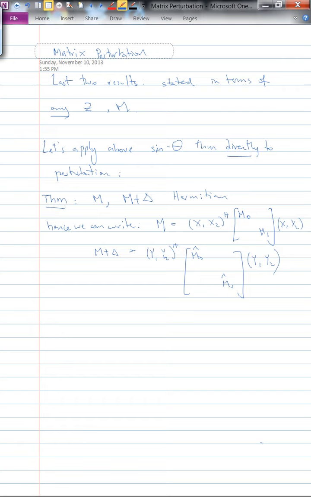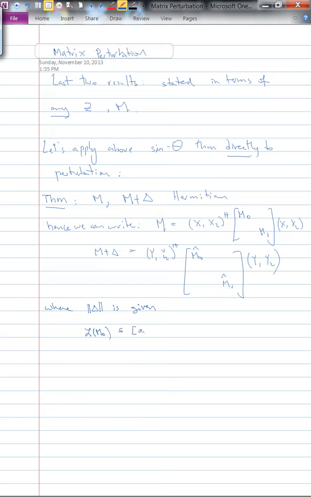Where we have that just the magnitude of delta is given, and where we have a condition on the spectrum of M0.